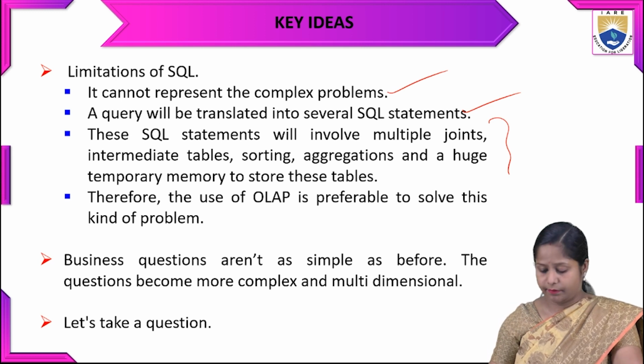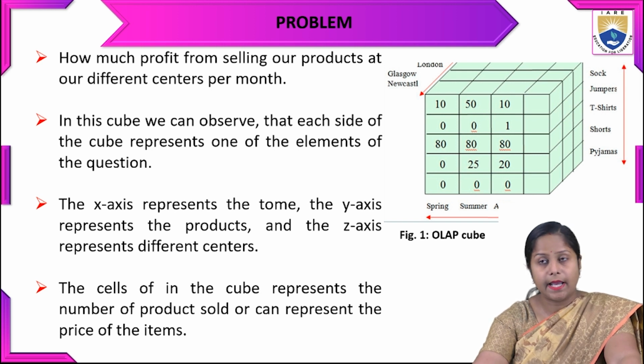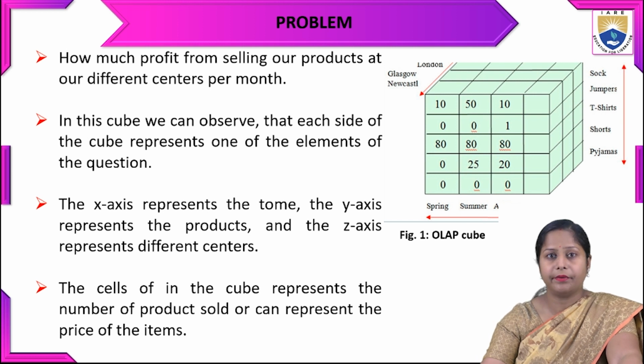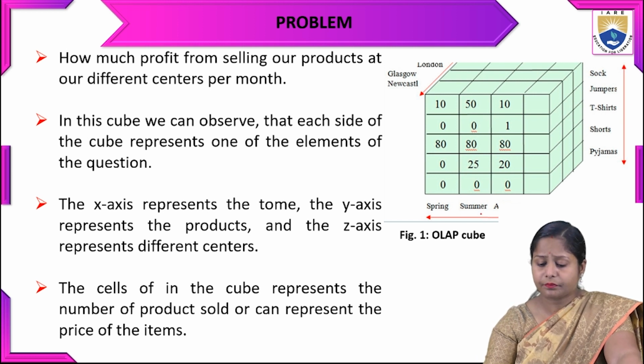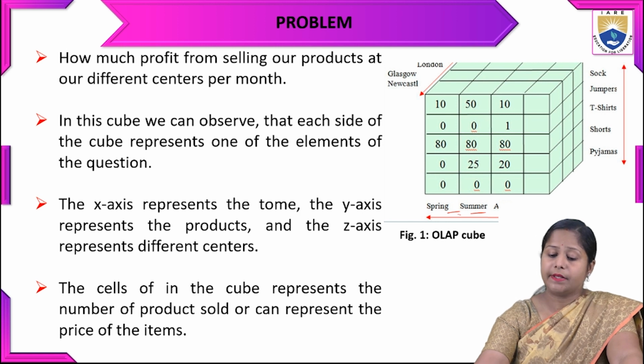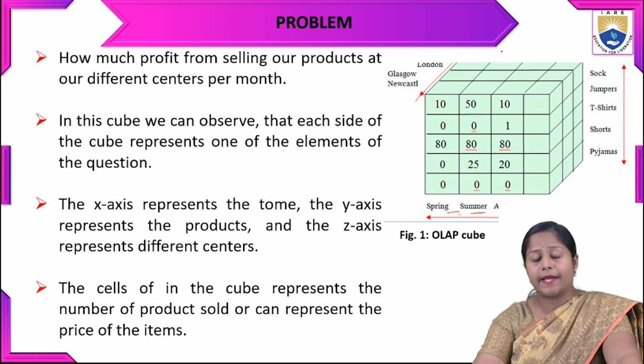Let's take a question. Here on the right-hand side, we can see the OLAP cube, which has 3 dimensions. One dimension has the seasons: spring, summer, and autumn. On another axis, we can see Glasgow, Newcastle, and London.